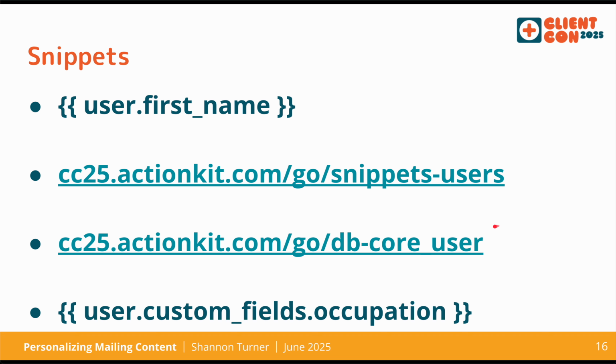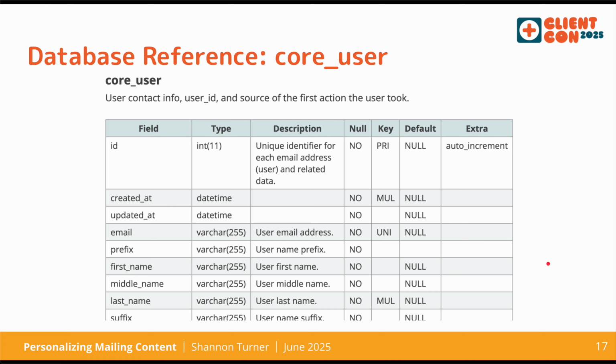But you can also reference fields that are related to the user. For instance, a user's custom fields, and so much more. This is just a small portion of the database reference page for what data we store in the user table. There's a lot of technical information in here, but really the field is very useful. It can be helpful to know what's available.